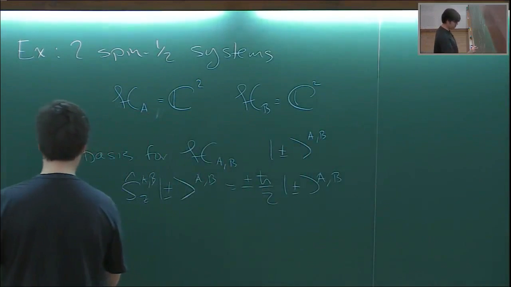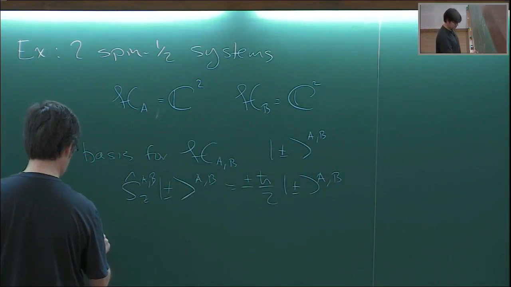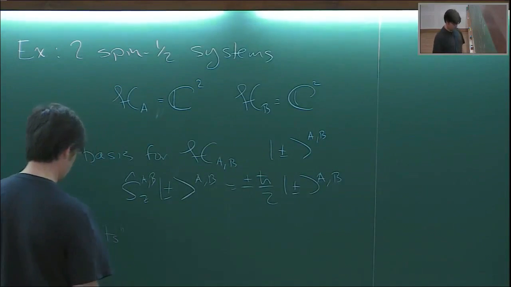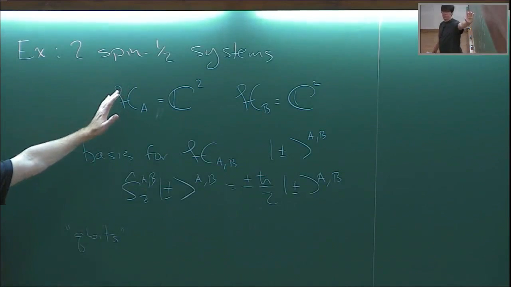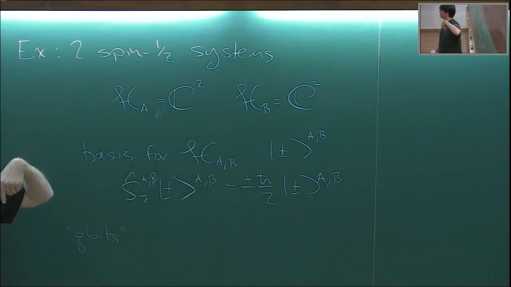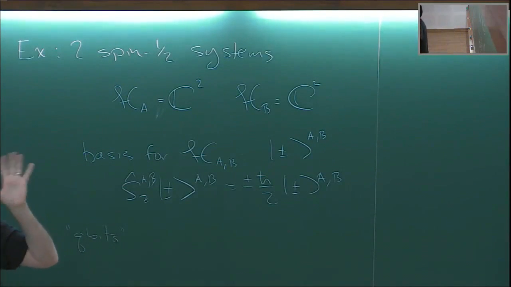Sometimes these are called qubits. We'll talk about these more. A single spin one half particle would be called a qubit because if I make a measurement of S_z, I get two answers. Of course, as I'll discuss in a bit, a qubit can take far more states than just those two. I can get any linear superposition of spin up and spin down.